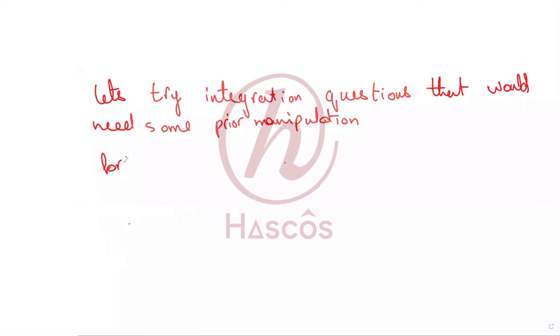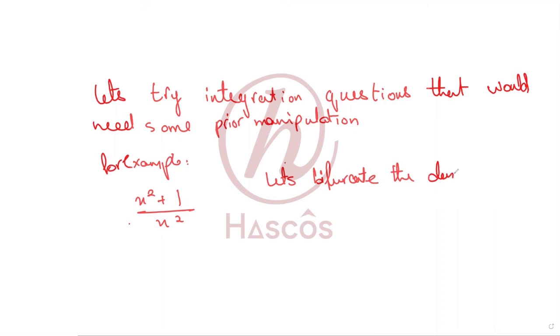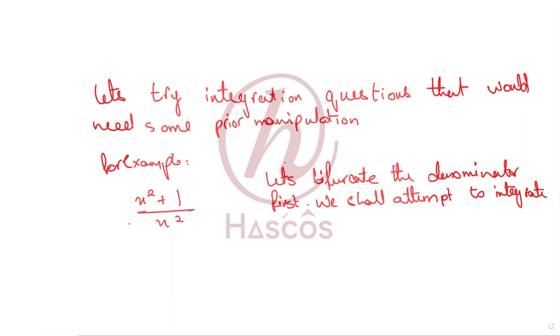For example, we have x squared plus 1 upon x squared. Now, before that, let's bifurcate the denominator first, and we shall attempt to integrate the terms separately after bifurcating them.